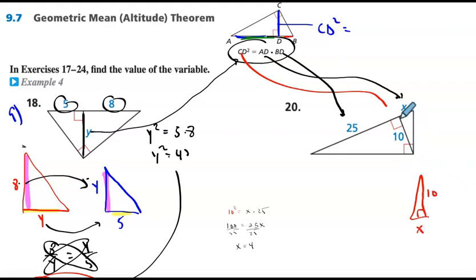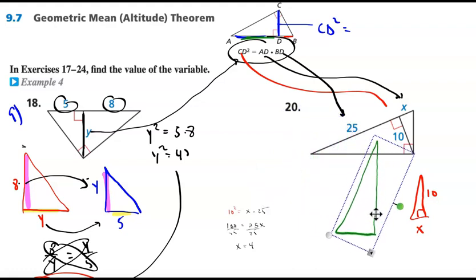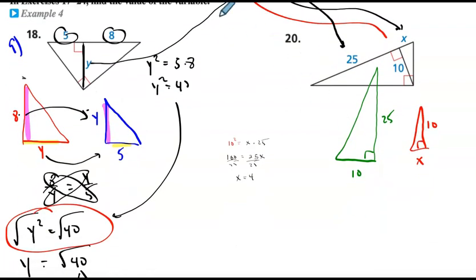And then if I refer to this triangle, the bottom piece here is 10, and this piece is 25. Again, I can make a ratio.